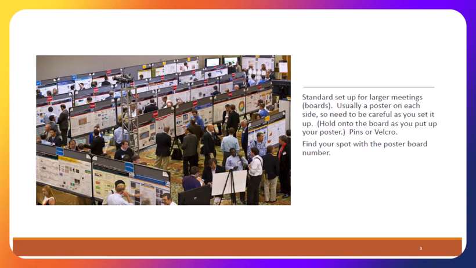So at a typical professional conference, if you've not been to one of these yet, usually you'll have a bunch of poster boards lined up in rows like this, and the poster is affixed to the poster board with thumbtacks or something like that. We'll have a similar setup at the symposium in December. There will be probably two long rows of poster boards set up.